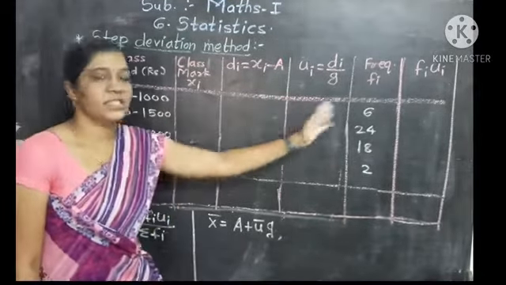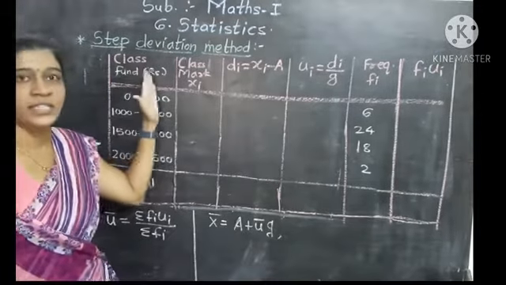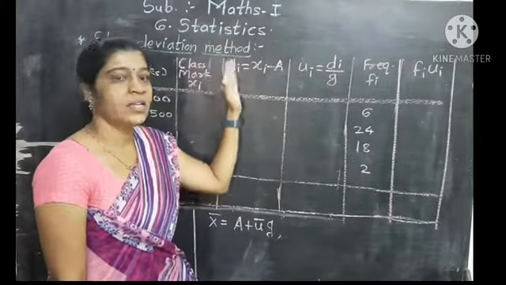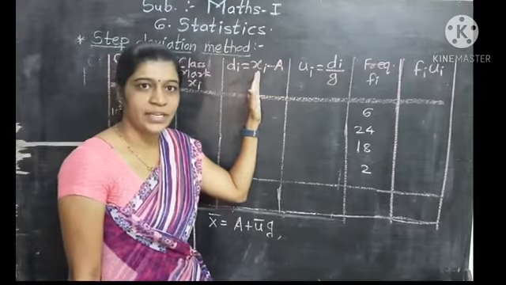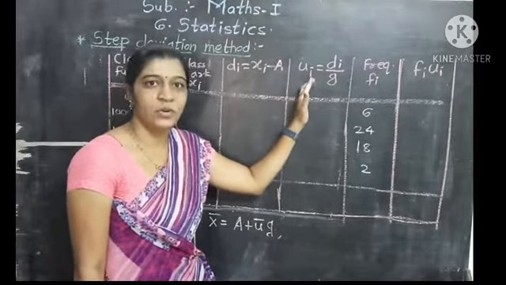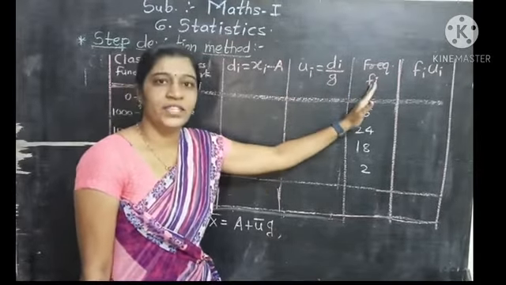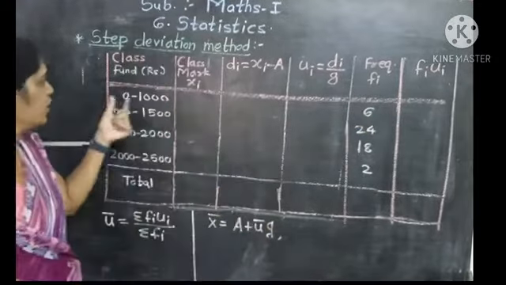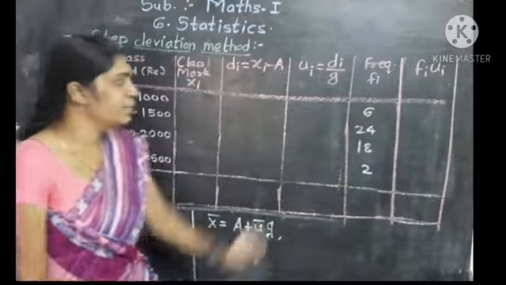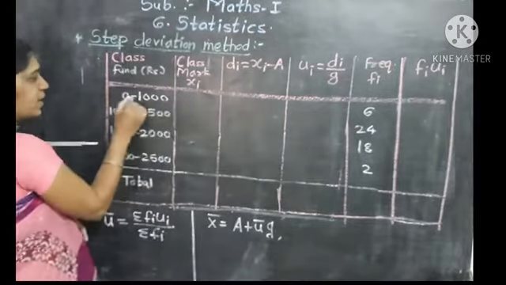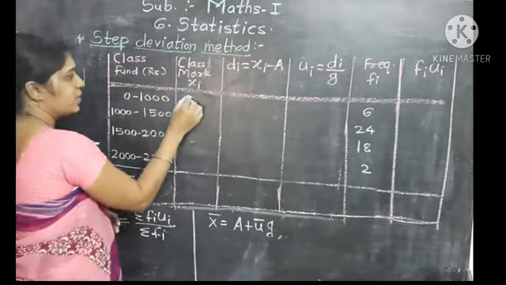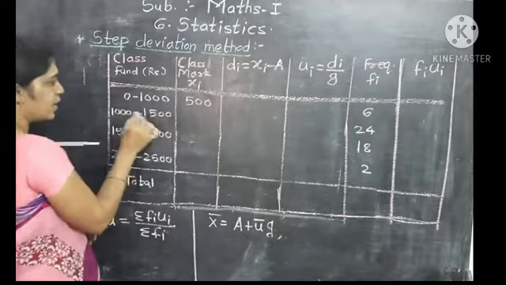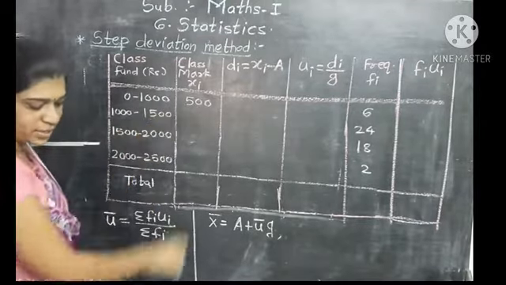Make the first 6 columns. We know first is class, second is class mark, third is di is equal to xi minus a, fourth is ui is equal to di divided by g, fifth is frequency fi, and the last is fi into ui. These two columns we write from the given example. Now the class mark xi. What is the class mark of this class? 500. Class mark of this class. What is the class mark of this class?